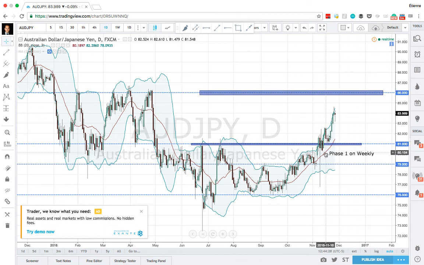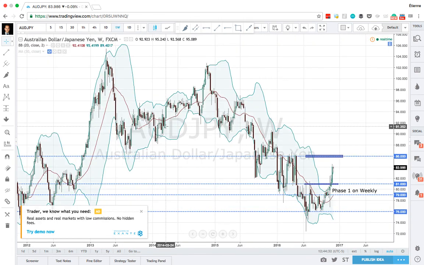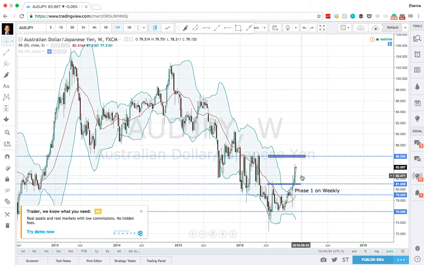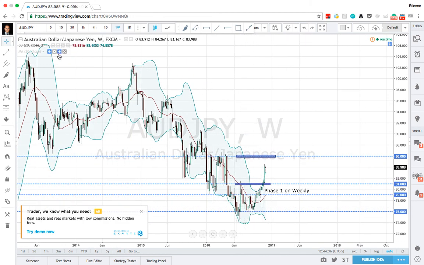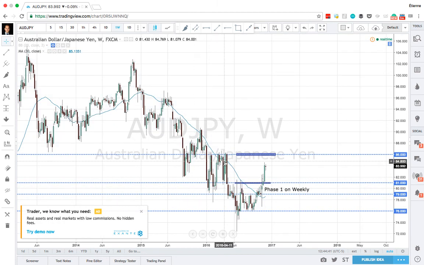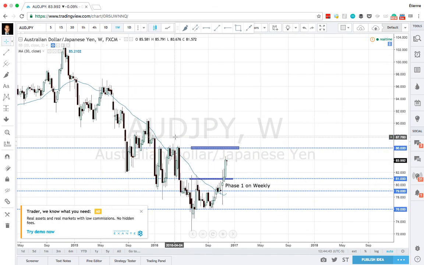And I want to remind you of one thing, that we are sideways. If you look on the weekly chart, we are sideways. Why? Because we've been going through the moving averages. I'll just show you with a simple moving average. I'll remove the Bollinger Band. There we go. So we had this downward moving average. It's a simple 30 period moving average. Price has always been below.